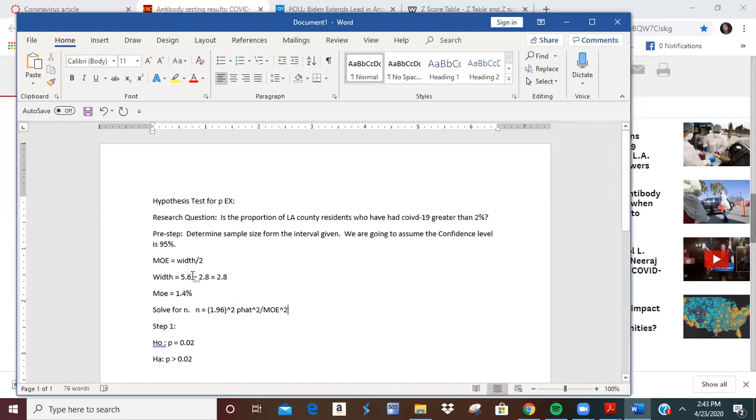P hat is what's in the middle of this interval. I'm going to say that's 4.2.